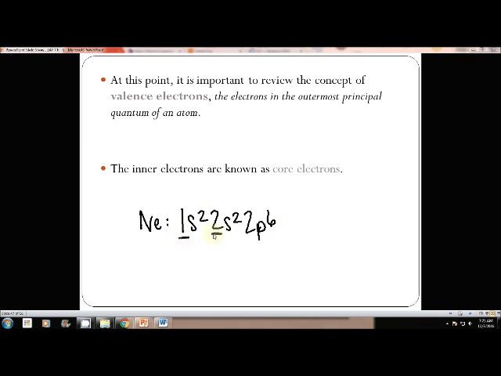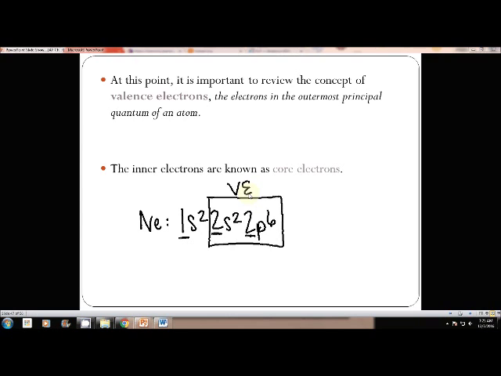The first number signifies the energy level that the electrons are located in. So valence electrons are in the outermost energy level. So we have as our outermost energy level the second energy level, and we have a total of 8 electrons in that energy level, 2 from the 2s plus 6 from the 2p. Okay, so those are our valence electrons.